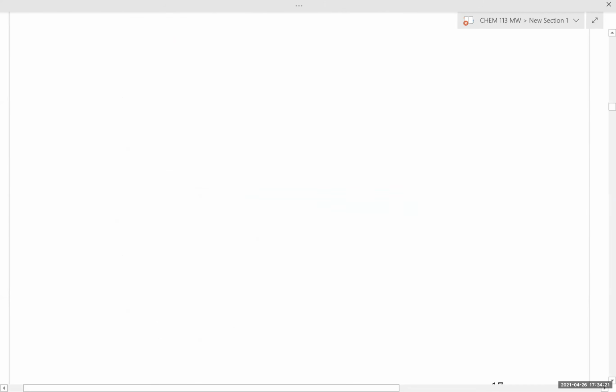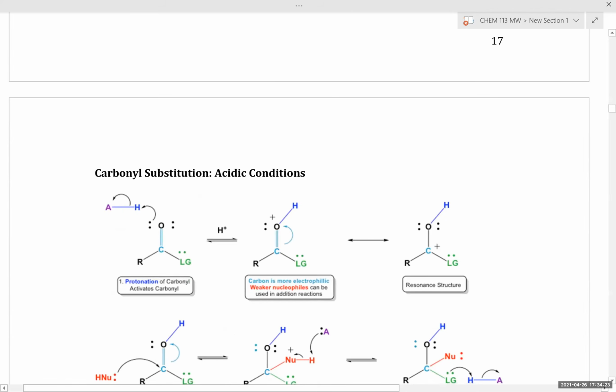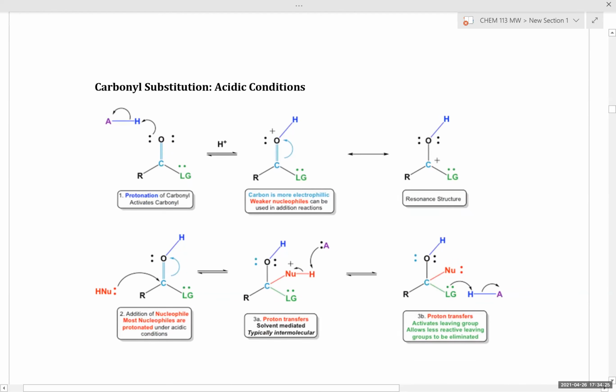Okay, so let's look at carbonyl substitution under acidic conditions. Keep in mind, under acidic conditions, our nucleophiles are appreciably weaker because they're protonated. As such, before we see nucleophilic attack onto the carbonyl carbon, we first are going to activate our carbonyl for nucleophilic attack via protonation.